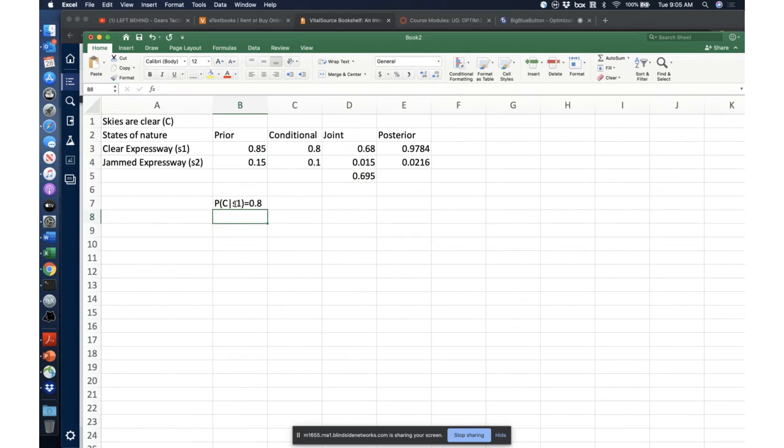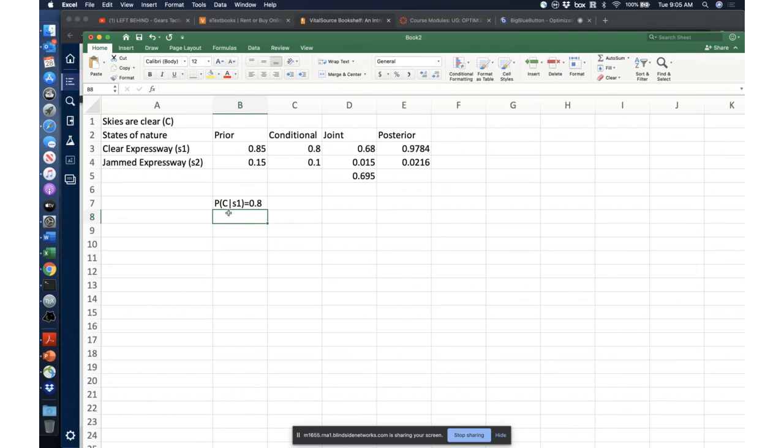You're saying that you noticed that there was no jam on the expressway. When you notice that there was no jam on the expressway, the probability that the sky was clear was 80%. So 80% of the time, whenever there was no jam on the expressway, you noticed that the skies were clear. That is this probability. But what is this probability here?